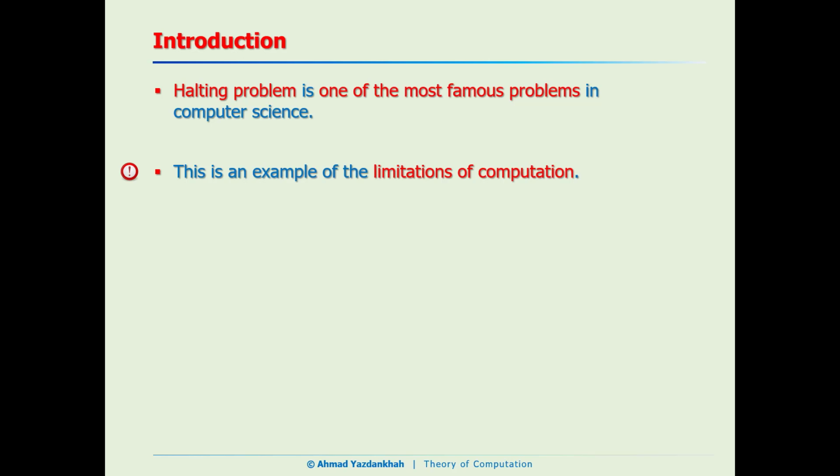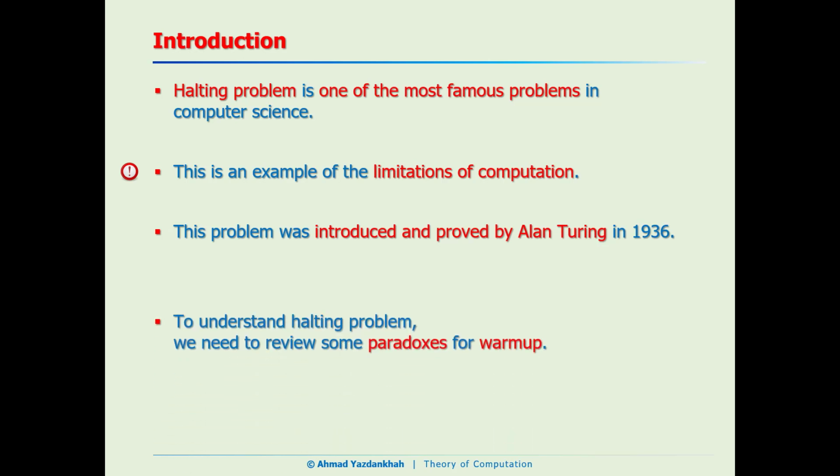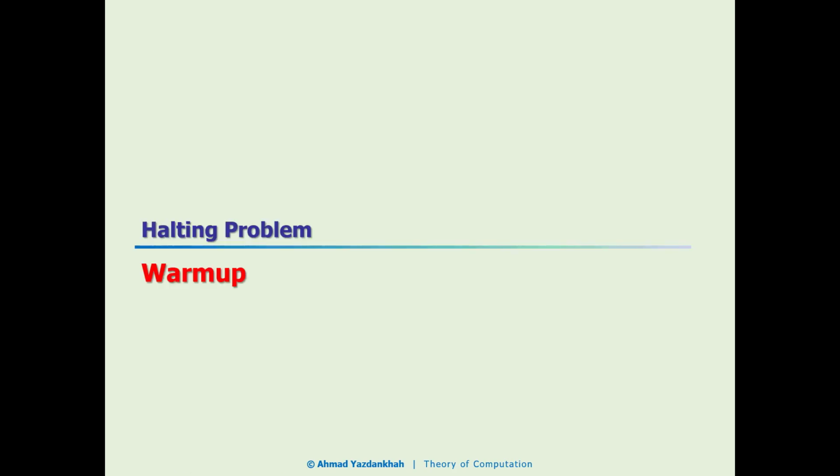As we said before, computers, like any other tools, have their own capabilities and limitations. And this problem, or let's say this theorem, shows one of them. This theorem was introduced by Alan Turing in 1936. It was introduced and proved. But to understand this, we need some warm up.